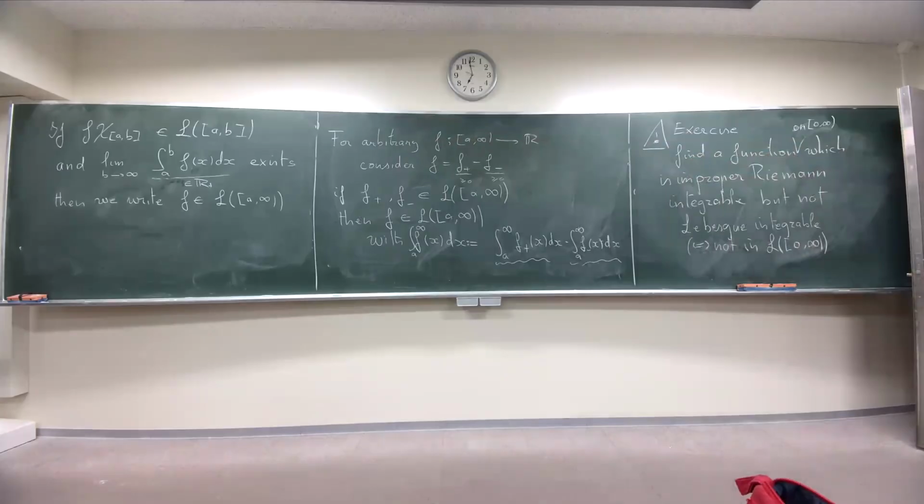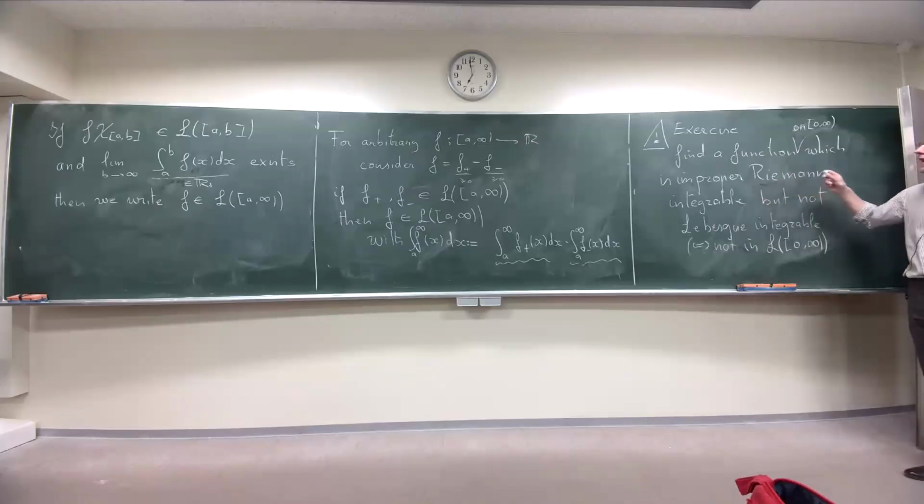It's a little bit strange, because I said that there exist more Lebesgue integrable functions than Riemann integrable functions, but now I'm saying exactly the converse. There exist functions which are improper Riemann integrable, but not Lebesgue integrable.